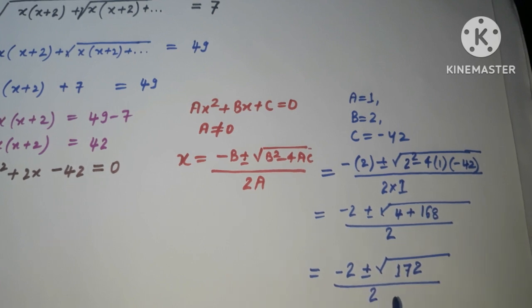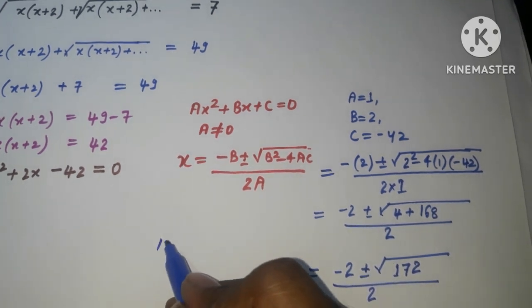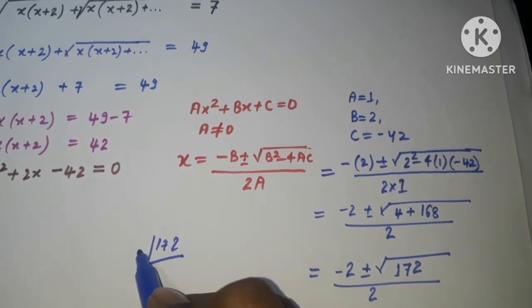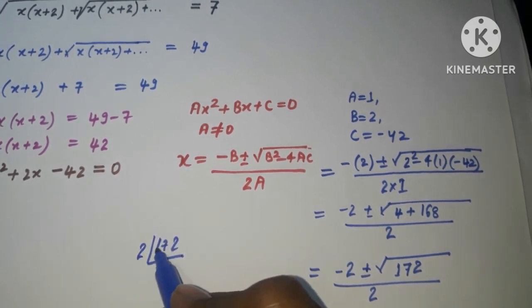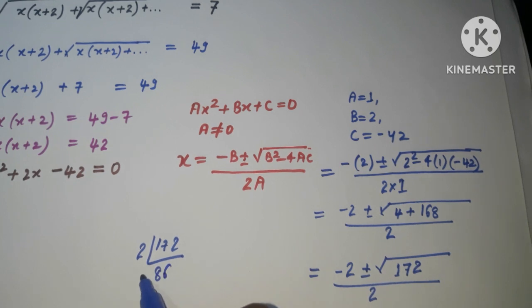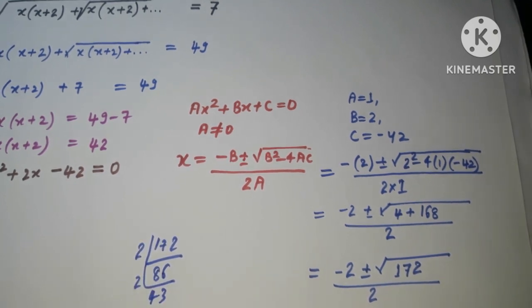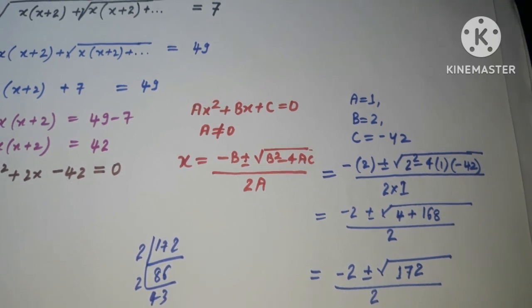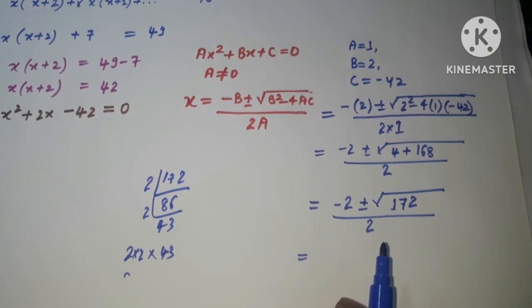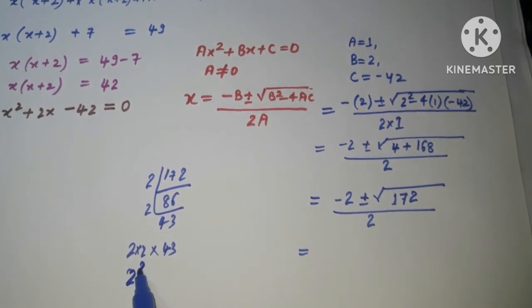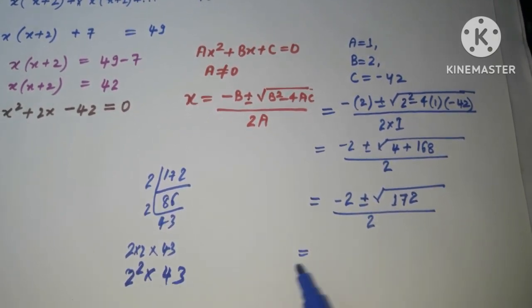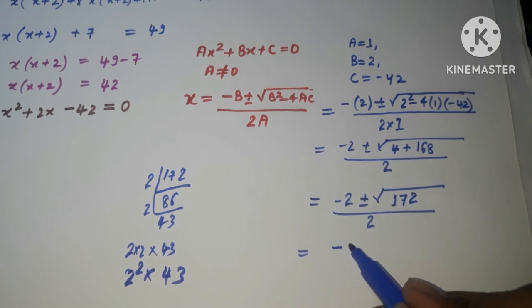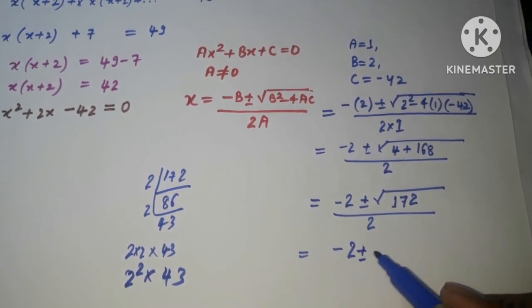And that is going to be divided. So if I do the factorization of 172, I will have 2 into 86, and then 2 once again, so 2 into 2 into 43. So obviously it is having 2 square over here. So we have 2 square into 43. So this is going to be put over here.